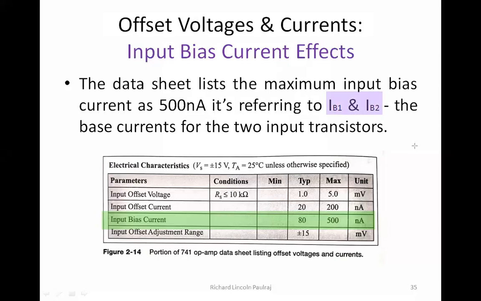Remember, I showed you two transistors, Q1 and Q2, right? So the currents across the base of these transistors are respectively called IB1 and IB2. IB1 is referring to Q1 and IB2 is referring to Q2. So I hope there's no doubt with this slide. Yes, sir.